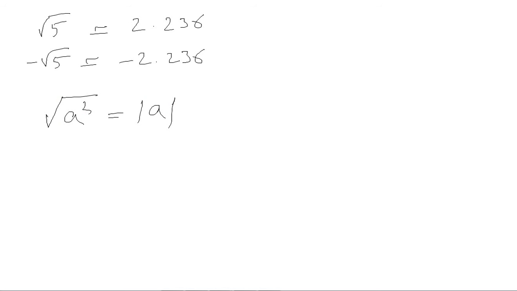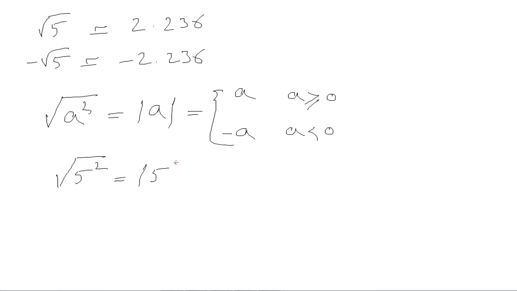What does this mean? The absolute value of a is a if a is greater than or equal to 0, and it is negative a if a is less than 0. So for example, radical 5 squared is the absolute value of 5, and since 5 is a positive number, the absolute value of 5 is just 5.